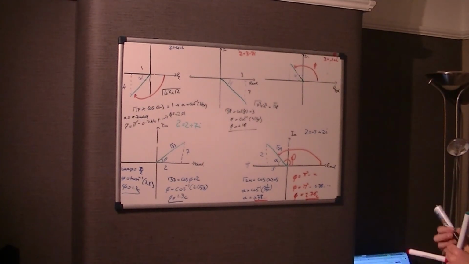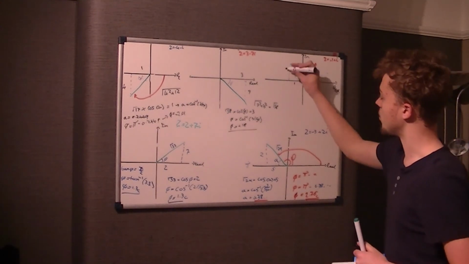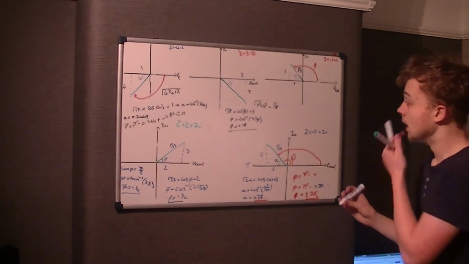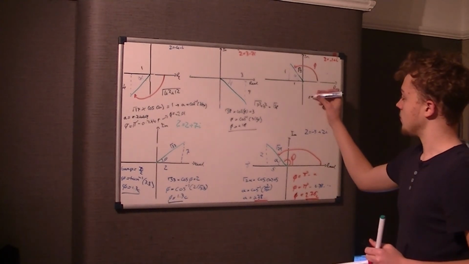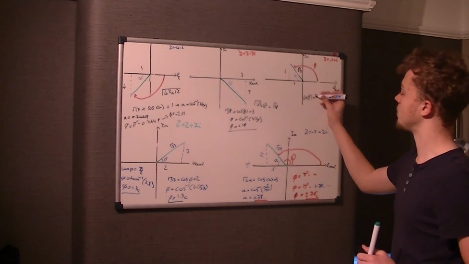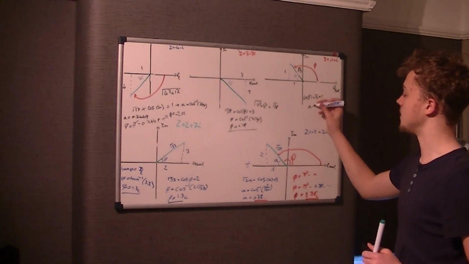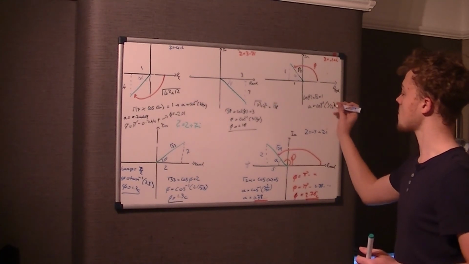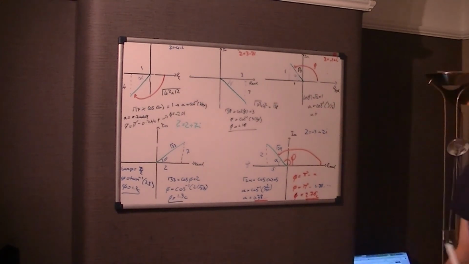Draw what you've got. It's 1 to the left and 1 up, and obviously that gives you a length of root 2. So root 2 cos of little a times root 2 is equal to 1. Therefore a is equal to the cos inverse of 1 over root 2.